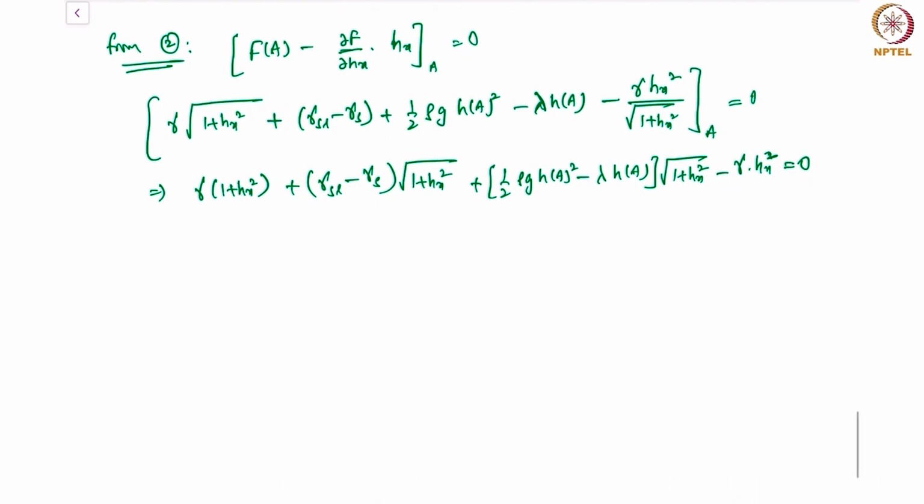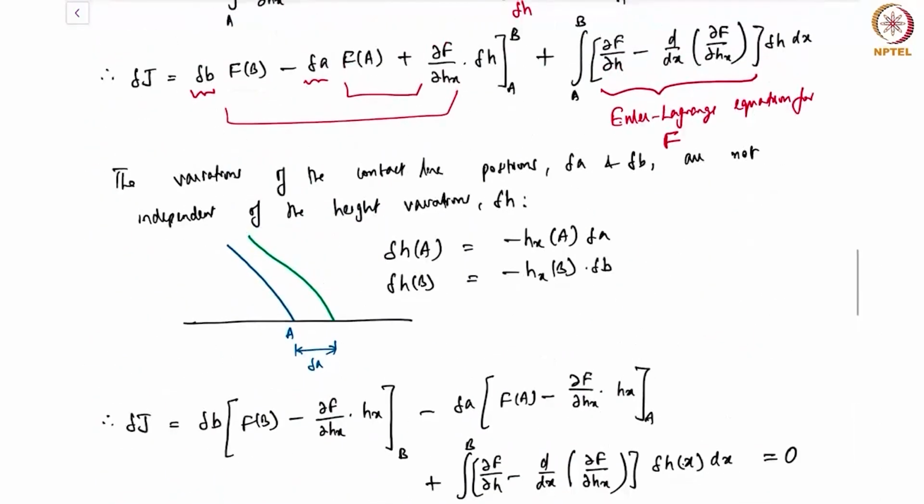Okay. Now if you see the schematic that I have drawn here, if you approach the point a, then the height goes to 0. The height, remember, is this h, right?